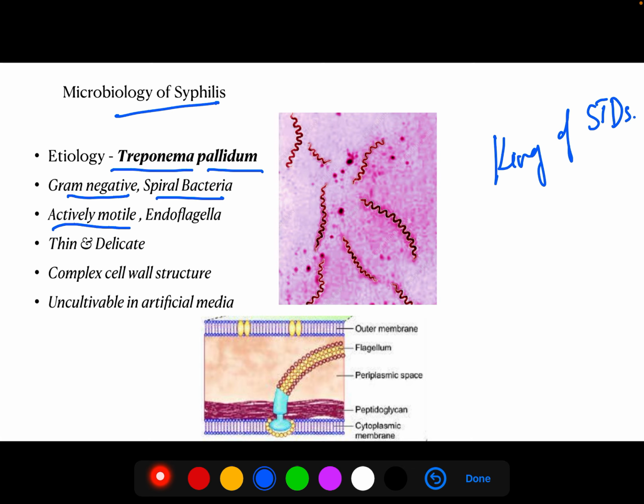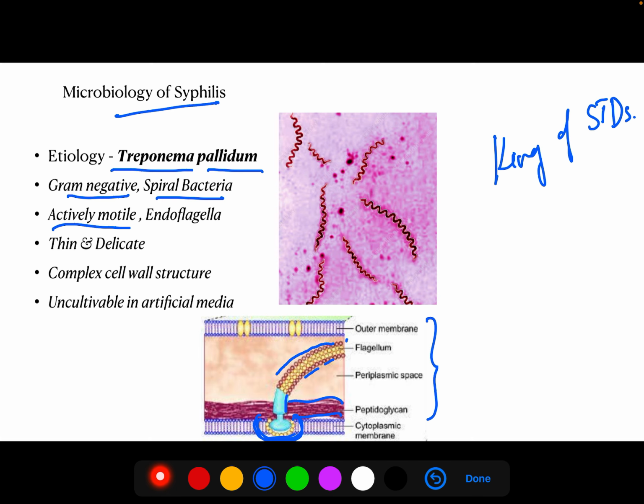Now, unlike the normal gram-negative bacteria, they have a very complex cell wall structure, where you can see here the cytoplasmic membrane is embedded with the flagella, which protrudes out through the peptidoglycan layer and projects into the periplasmic space, but it does not project out of the outer membrane.